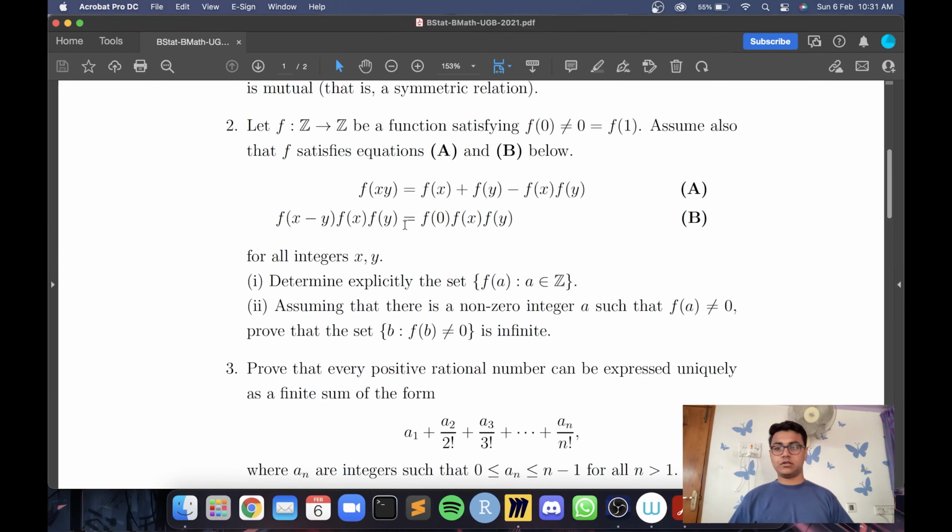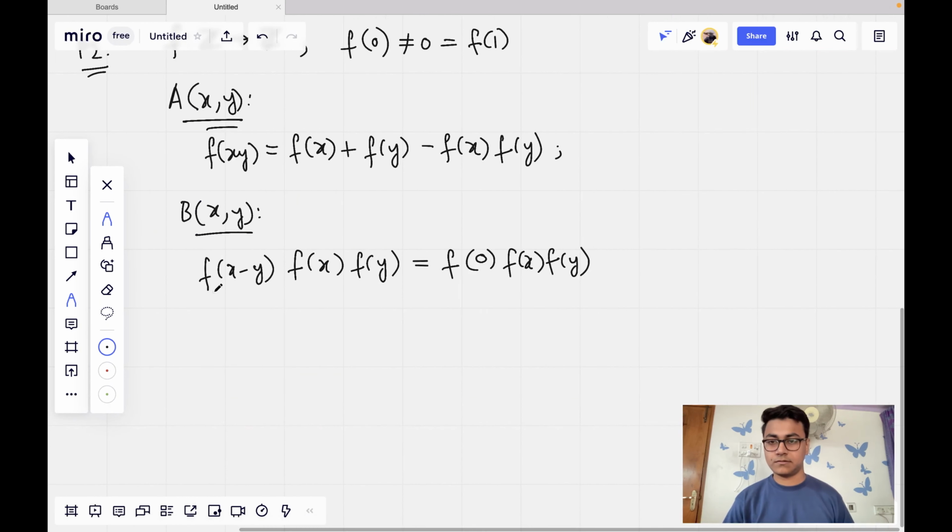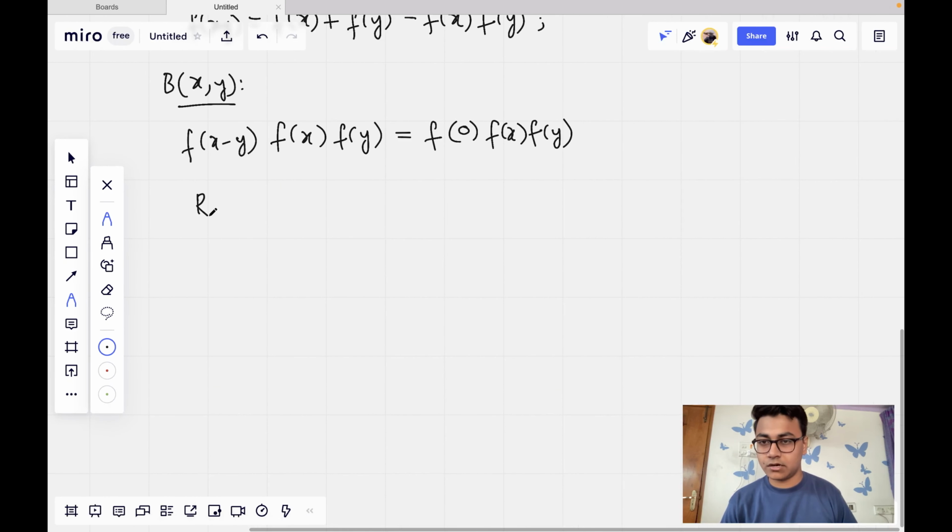So these are the two functional equations that we have been given here. These are true for all integers x and y. And the first part of the question asks us to determine the range set of the function. We are calling this R. We define as R the set of all integer values f(a) for all integers a, right?